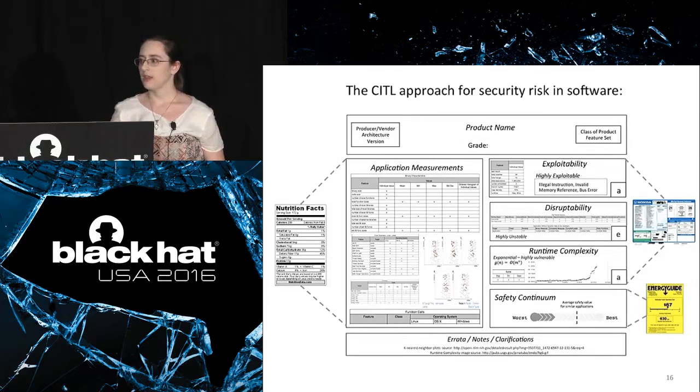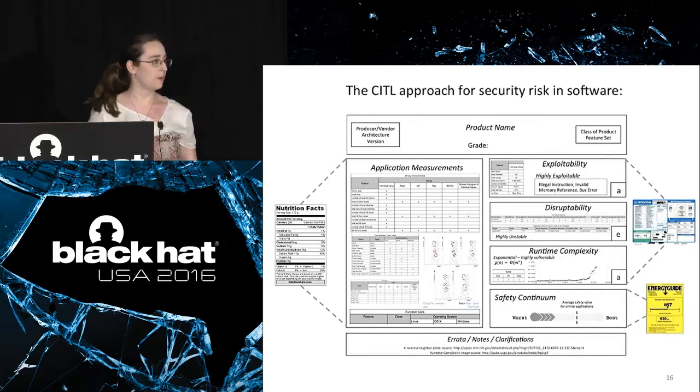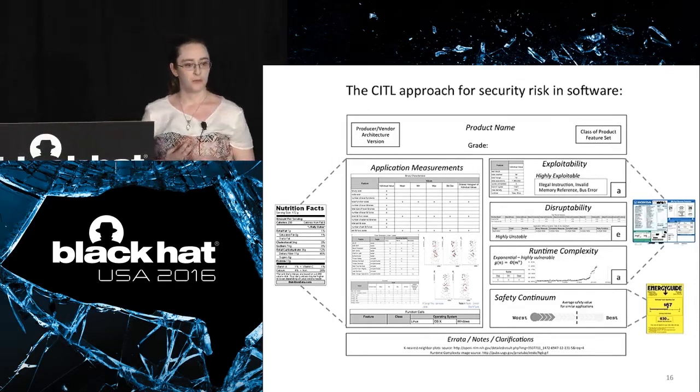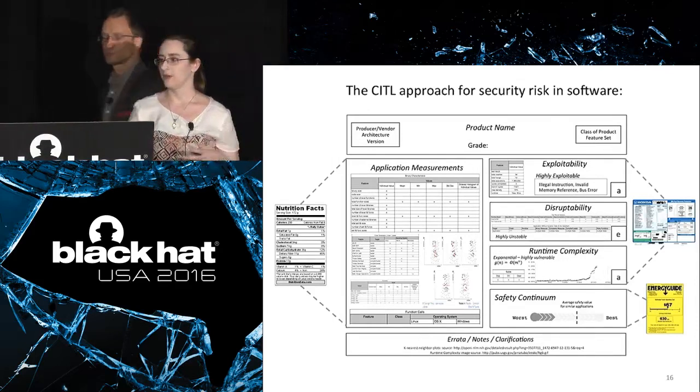It's stuff that they get either from running the car into a wall or until its tank is empty, or by modeling what it's going to do based on what similar cars got for their miles per gallon. And then finally, the safety continuum is very similar to Energy Guide, where you're putting the cost of ownership for this product on a scale with similar products.